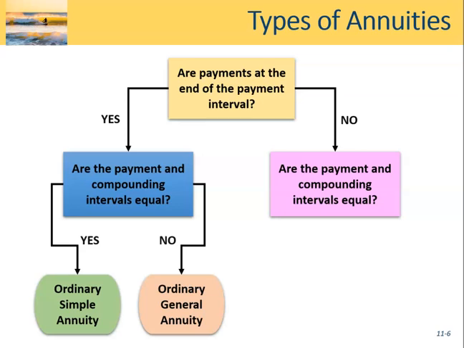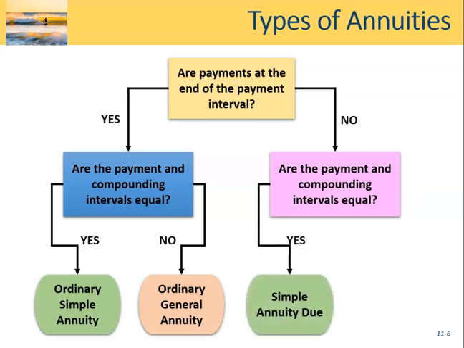So again, go back up to the top of the flow chart: are payments at the end of the payment interval? If the answer is no, that would mean they're at the beginning. Are the payment and the compounding intervals equal? Yes, that would make it a simple annuity due.